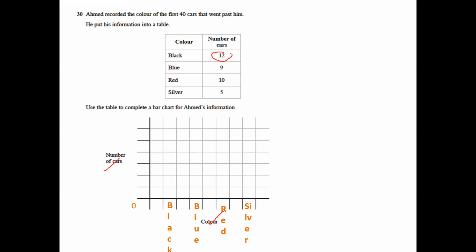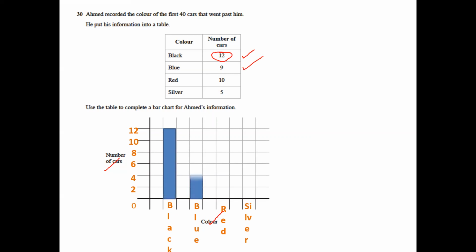The highest number is 12. That means whatever way you scale, 12 should be covered. I'm taking 2, 4, 6, 8, 10, 12 like that, because 12 can be shown if I scale it like that.